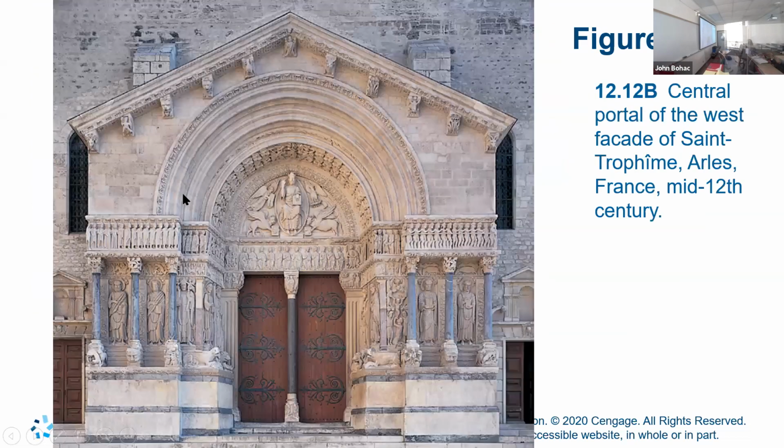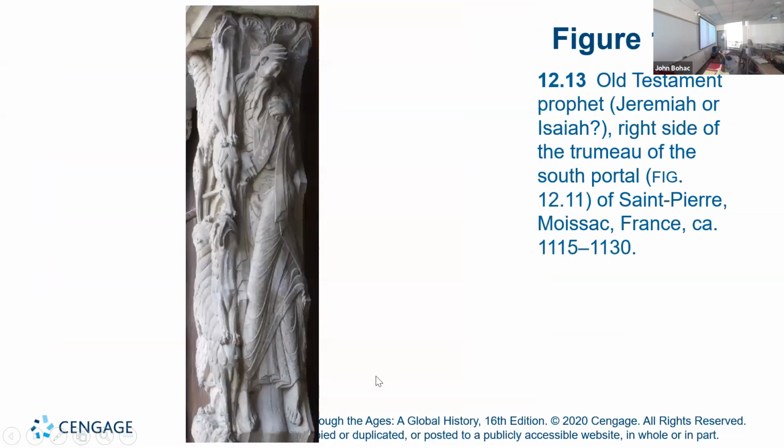This is still the 12th century. And as I was saying, we don't know who the artists were for the most part. And this is an Old Testament prophet, Jeremiah or Isaiah, with a question mark. What I would like to point out is that except for a few prophets, there was no real iconography ever developed.